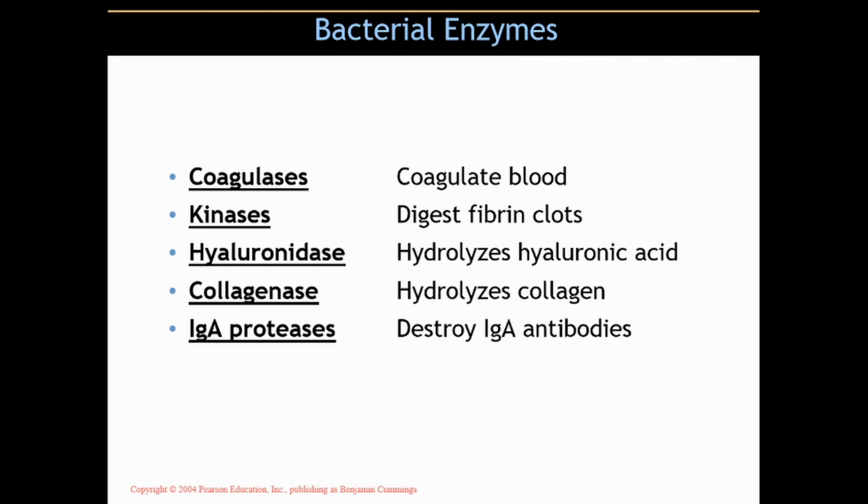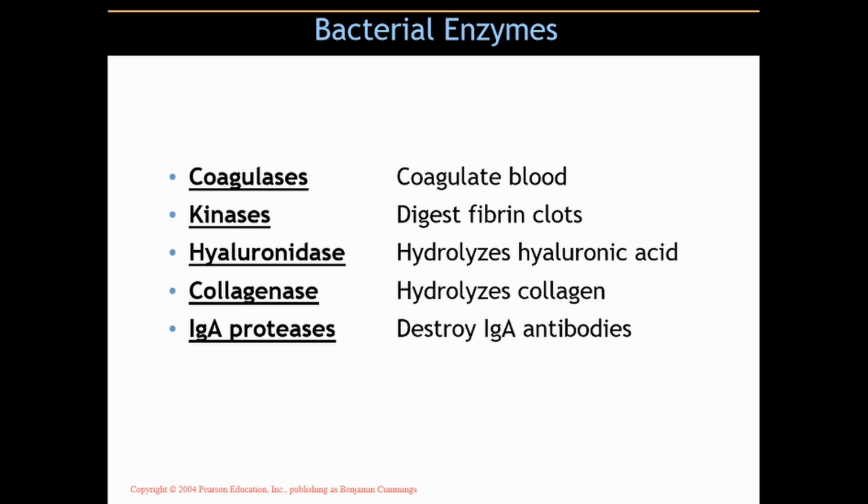Kinases are enzymes that break down fibrin clots, so that if they do happen to replicate in there, they can break the clot and travel through the circulatory system that way. If the body is trying to create a clot to isolate the bacteria, the bacteria can digest the clot, break it down, and disseminate more quickly and easily through the use of this enzyme.